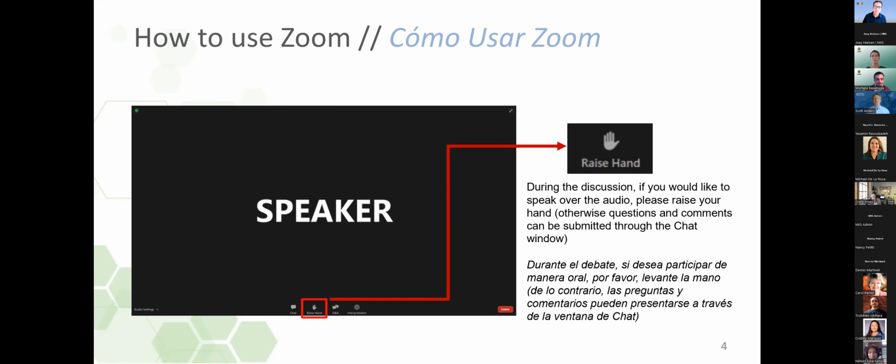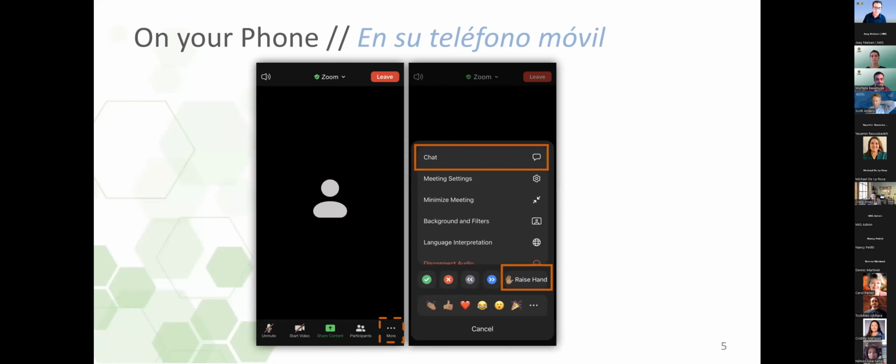If you have any challenge using the raise hand feature, just tell us in the chat that you'd like to speak over the audio. For those of you on a smartphone this evening, you can find the chat and the raise hand function by touching the two or three dot button at the bottom right corner of your screen, and that should pop up the chat and raise hand features so you can join us and provide your comments.